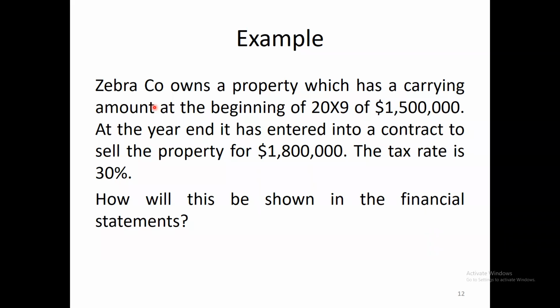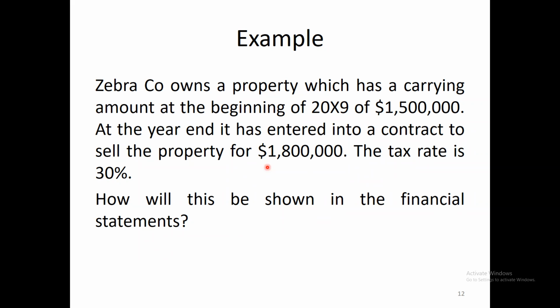At the year end, one year later, it has entered into a contract to sell the property for 1.8 million. The book value is 1.5 million, and it is revalued at 1.8 million. So we have 300,000.